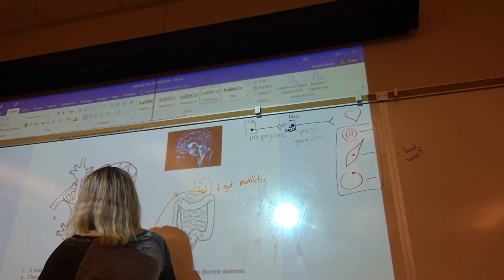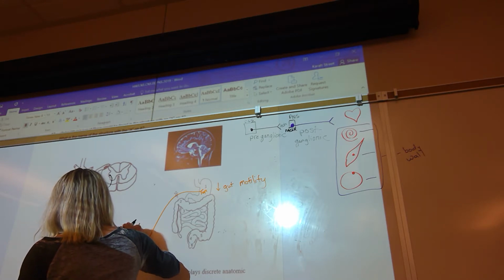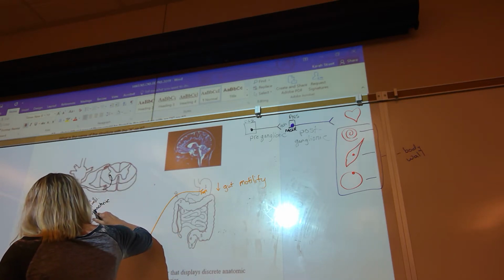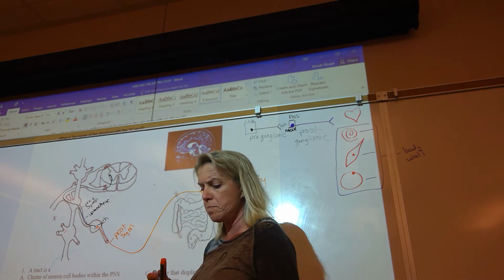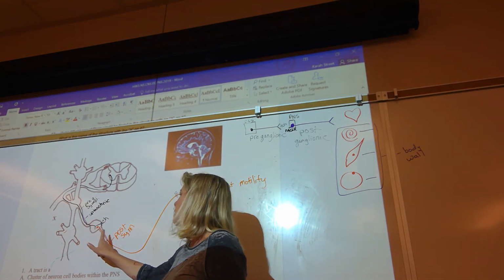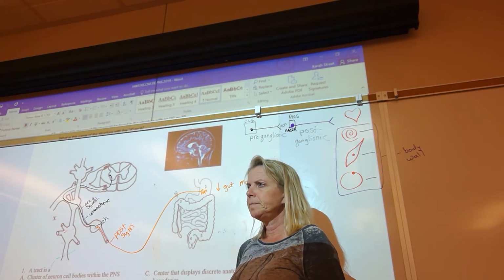In orange, we have the postganglionic sympathetic ganglion. And the question also says, identify what neurotransmitters are released by both. The first one would release acetylcholine. Second one is going to release epinephrine.